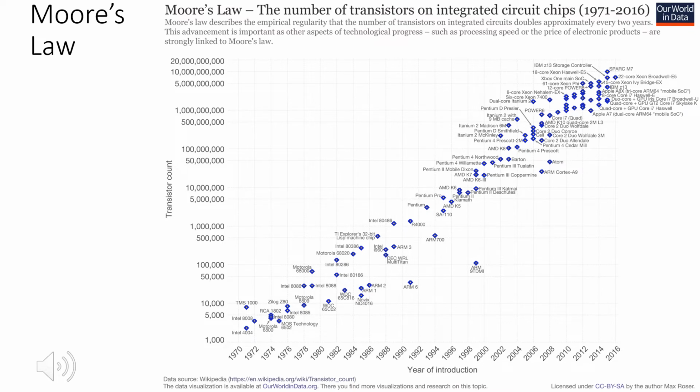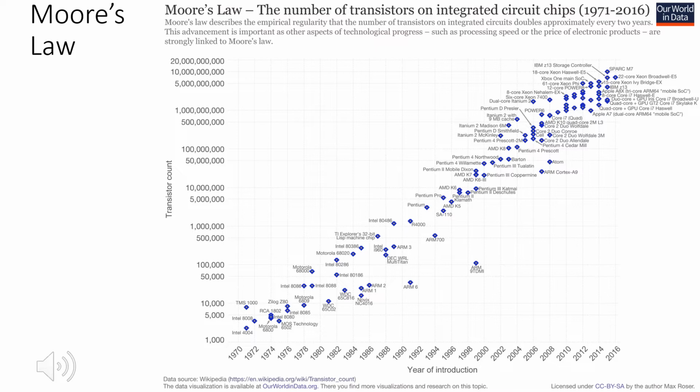Now, one of the important aspects about how we arrived at cloud computing is naturally the observation of the famous Moore's law. Here we are typically looking at the number of transistors in integrated chip circuits, and we have provided an image here between 1970 and 2016 from a particular resource.